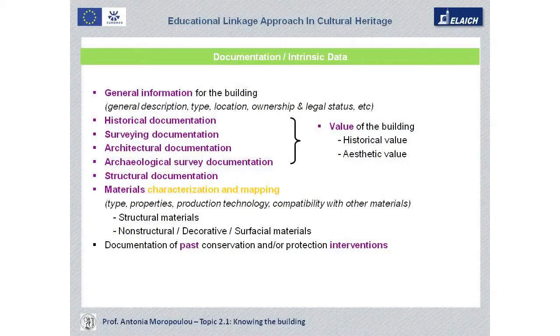The intrinsic data deal with the general information regarding the building: historical documentation, surveying, geometrical documentation, architectural documentation, structural documentation, materials characterization and mapping, and of course the history of materials and structures from construction through the whole lifetime and maintenance of the building.